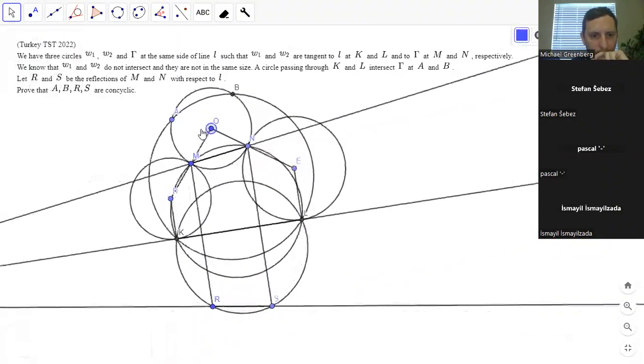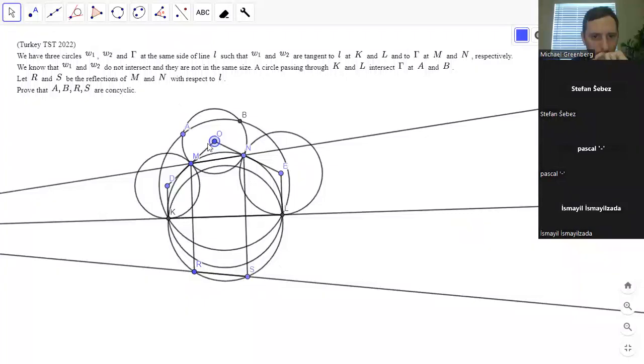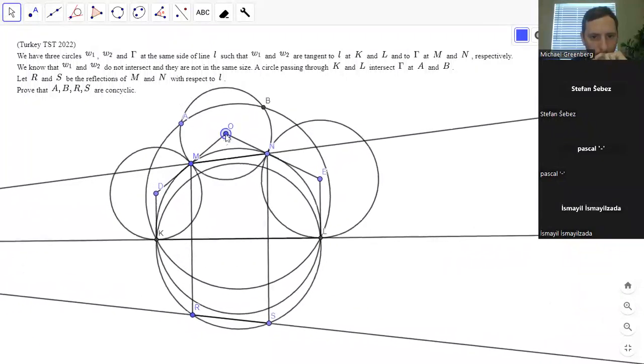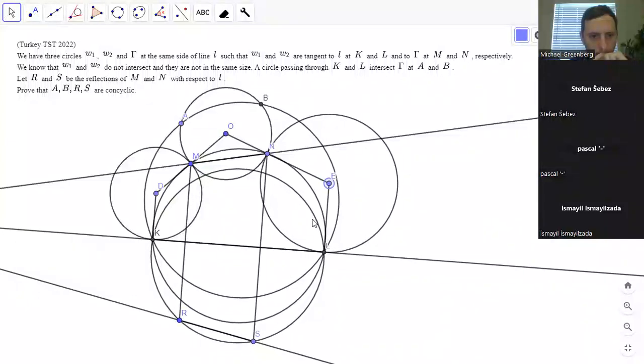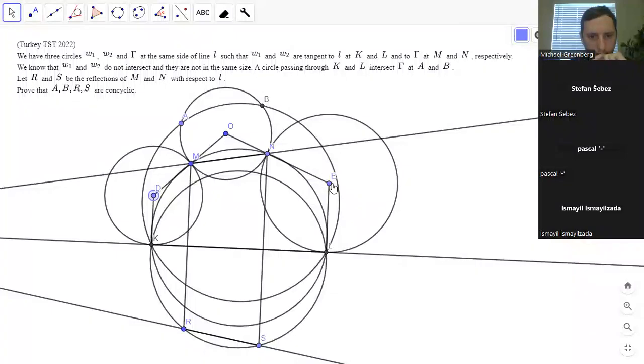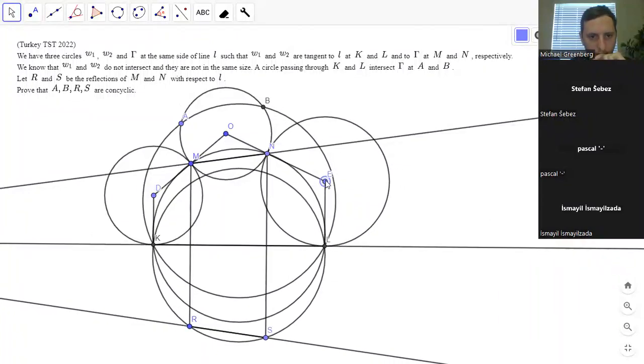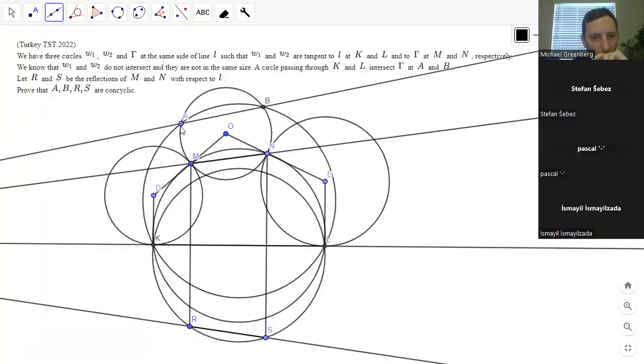And then if you do radical axis theorem on the circle KMNL, the circle in the middle, the center O circle, and also circle ABLK, then AB also passes through the same point.